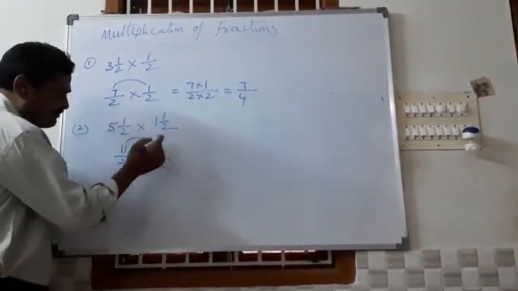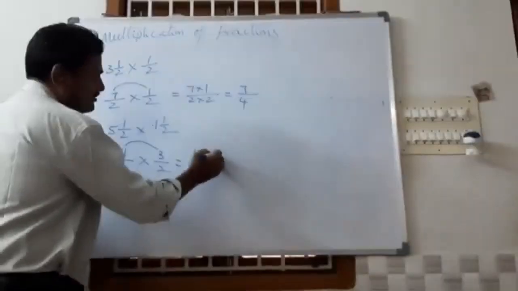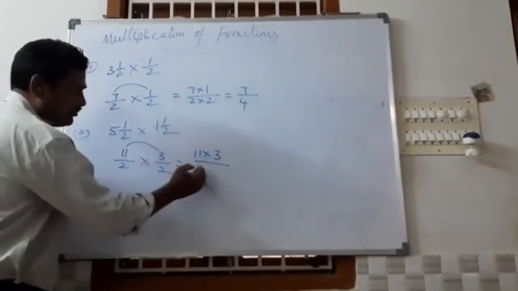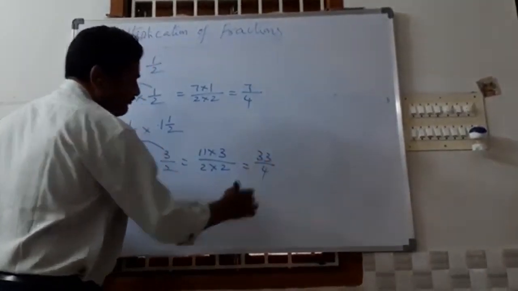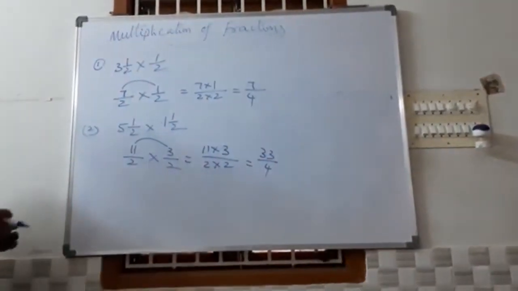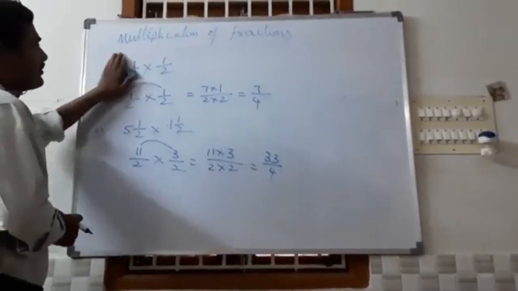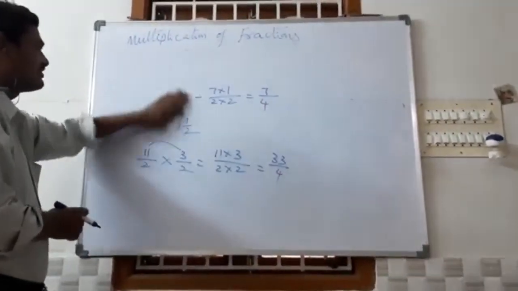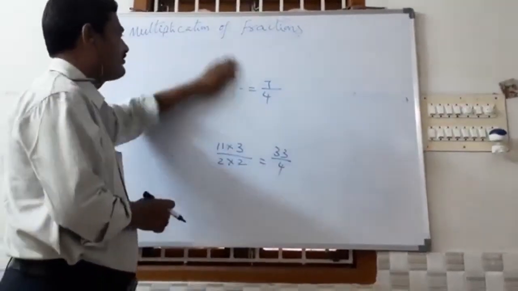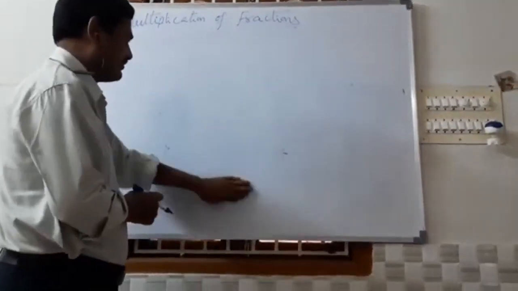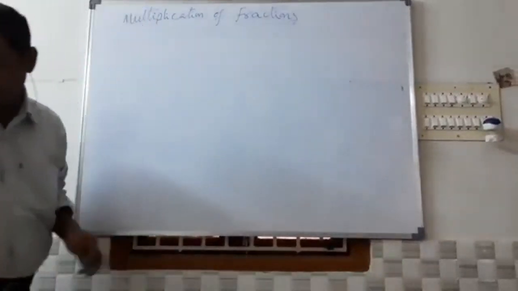We multiply 11 into 3 by 2 into 2, which equals 33 by 4. Like this we simplify. First convert the mixed fraction into an improper fraction, then after that do normal multiplication.